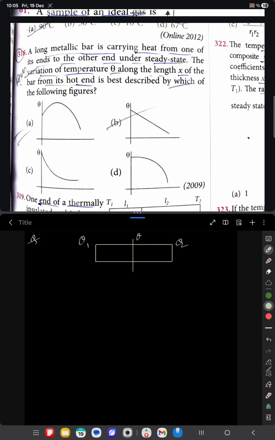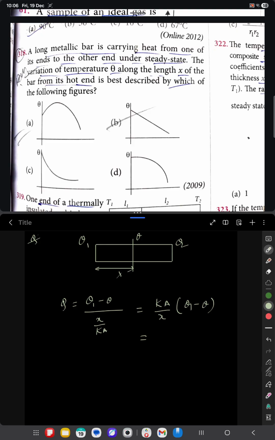And let's assume this is x. So delta T means you can write theta 1 minus theta. Q is equal to theta 1 minus theta, that is delta T, by R_TH, that is L by K. So you can treat this one as constant or just write x by K. So your equation becomes K by x into theta 1 minus theta. Now you can write this Q is constant in series.